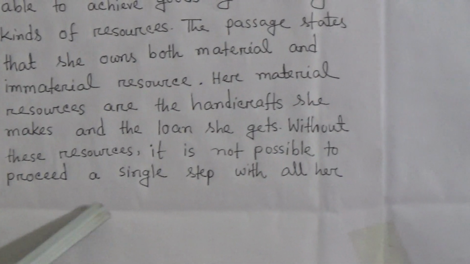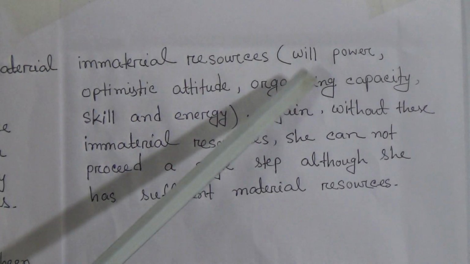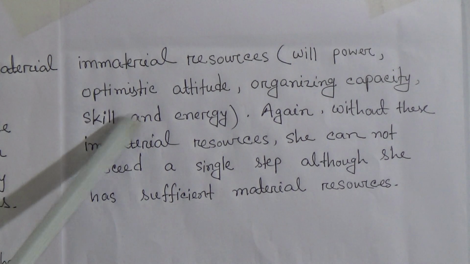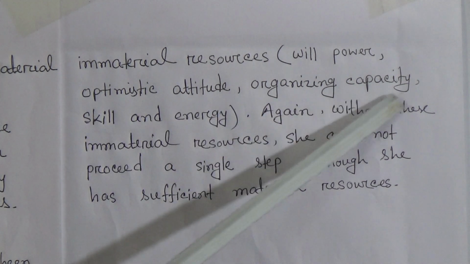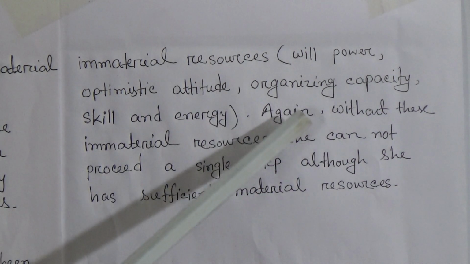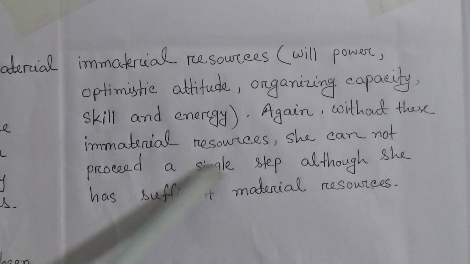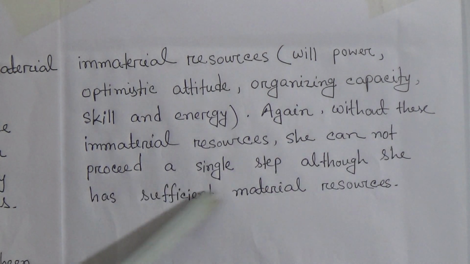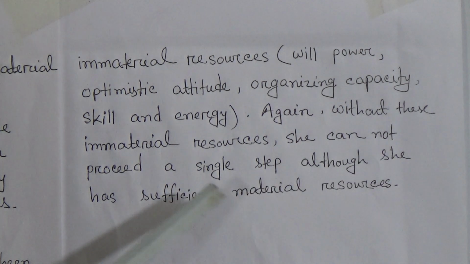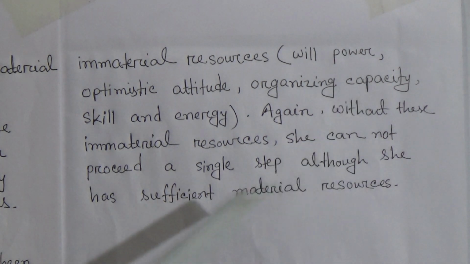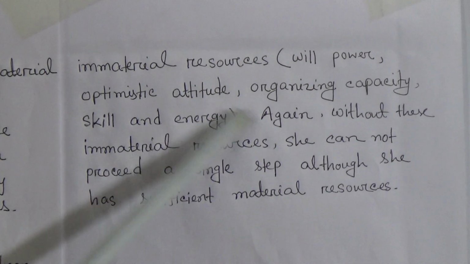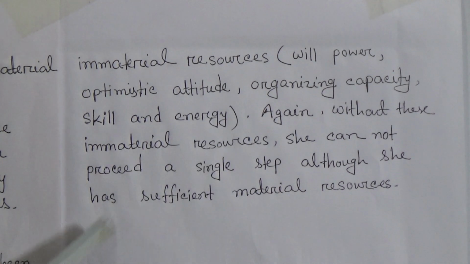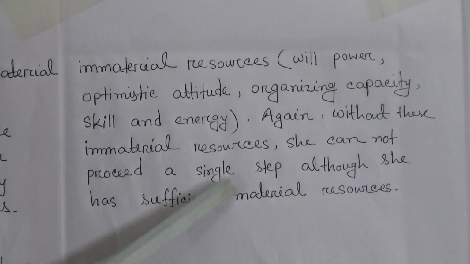Without these resources, it is not possible to proceed a single step with all her immaterial resources, that means willpower, optimistic attitude, organizing capacity, skill and energy. Again, without these immaterial resources, she cannot proceed a single step, although she has sufficient material resources. So both material and immaterial resources are important for one's success.